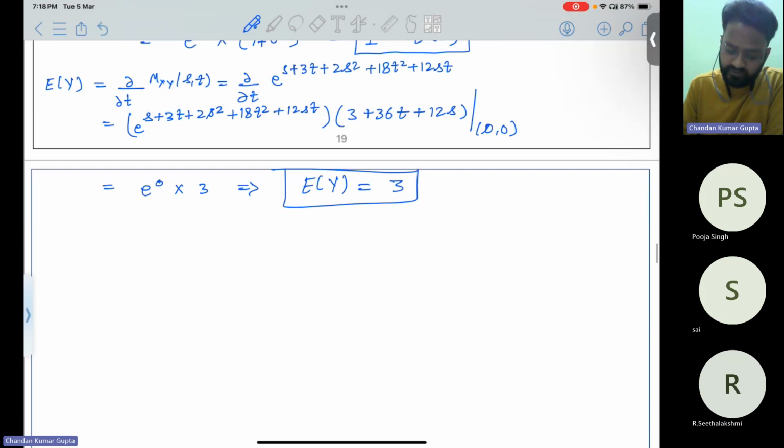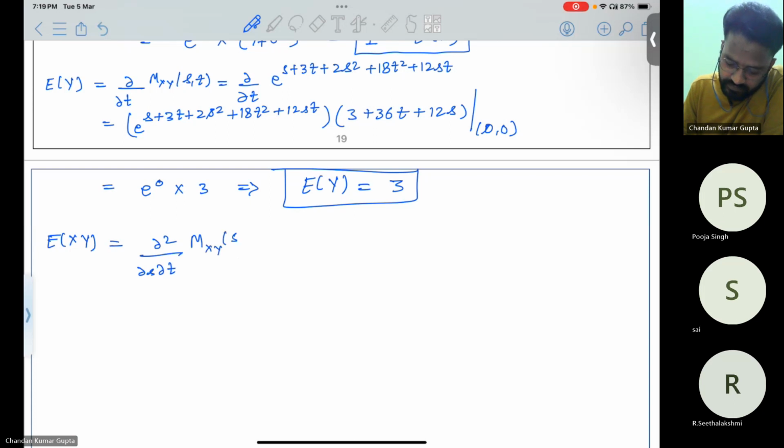Now expected value of xy. That means we need to differentiate, and then put value s equal to 0 and t equal to 0.